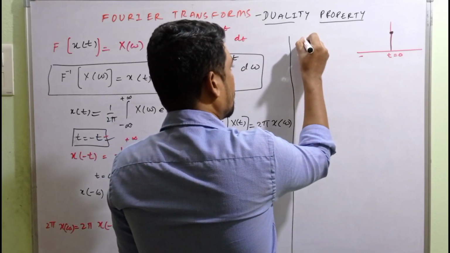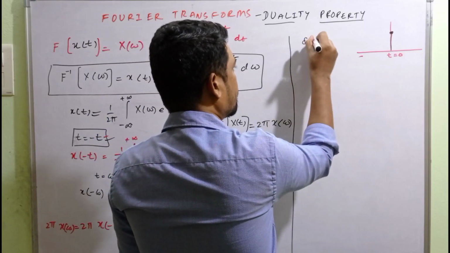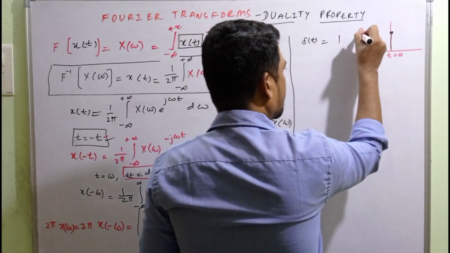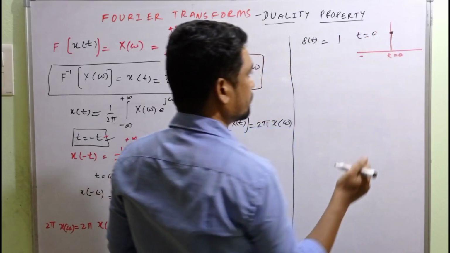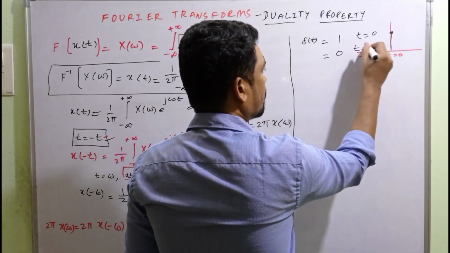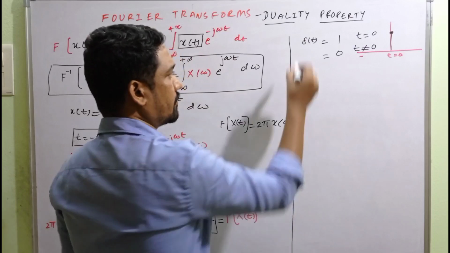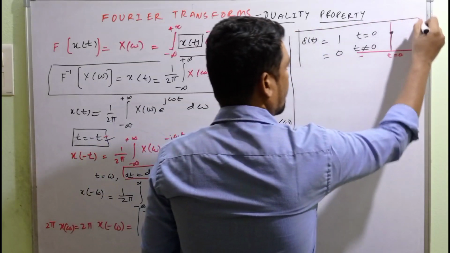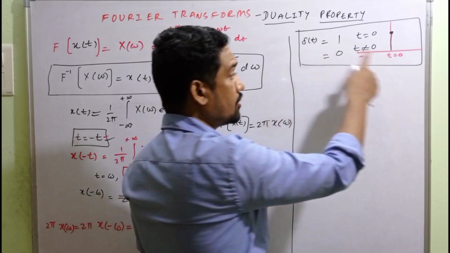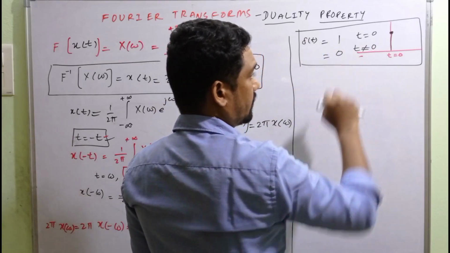It's the representation del of t will be equal to what? It's 1 only for t equal to 0, and it's 0 when t not equal to 0. That's the way we represent this one. Okay, this impulse function exists only at t equal to 0 and not at any other place.